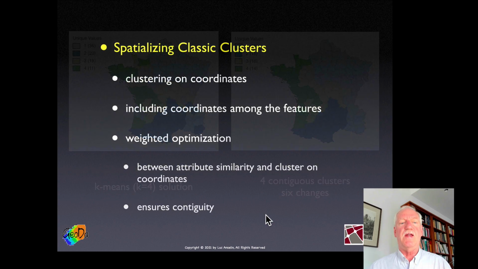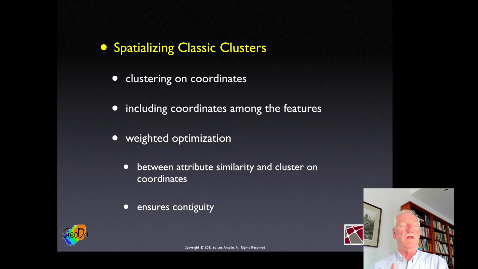So instead, before we go into the explicit spatial methods, there are a couple of, as I mentioned, tricks to nudge or force classic cluster solutions towards contiguity. So these are what I call soft spatial constraints, in that they move the solution towards contiguity, but they don't, except for the last one, ensure contiguity.